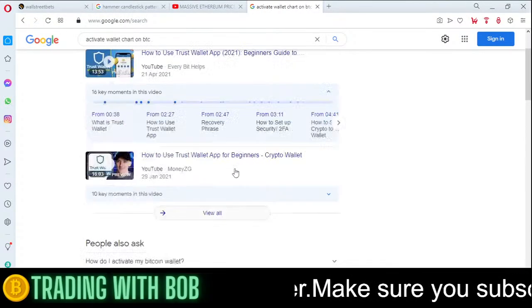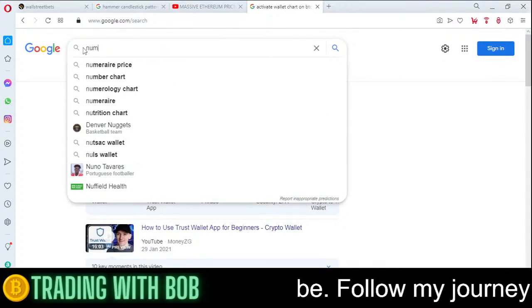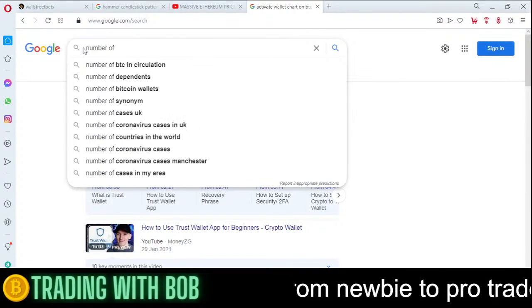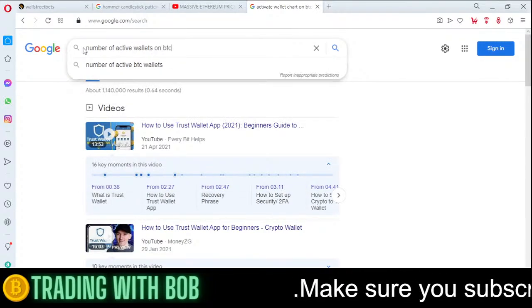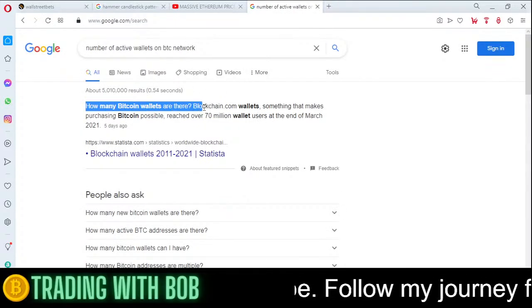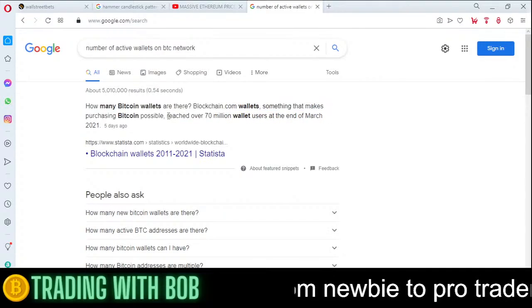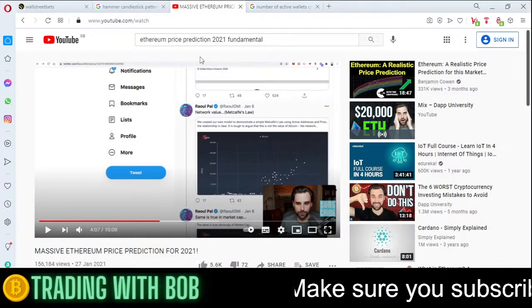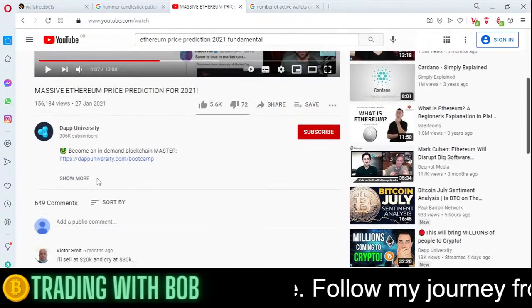How many wallets are there? Blockchain.com reached over 70 million users in March. Alright, so 70 million. So I need to see like a chart. Where did this guy get this chart from? See, like, where did he get that from? Let's read the description, maybe they'll say it there.